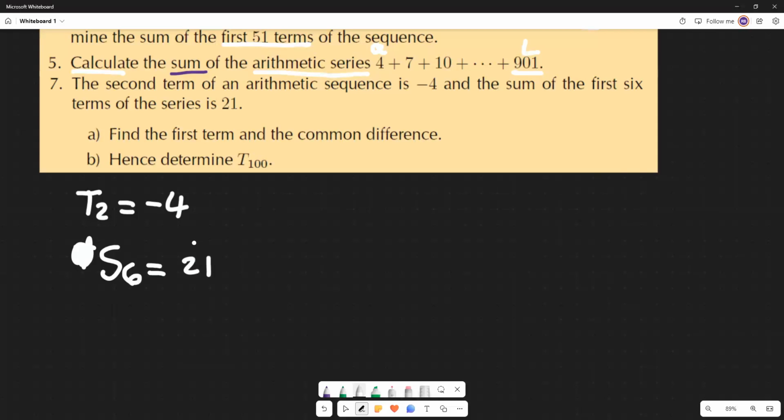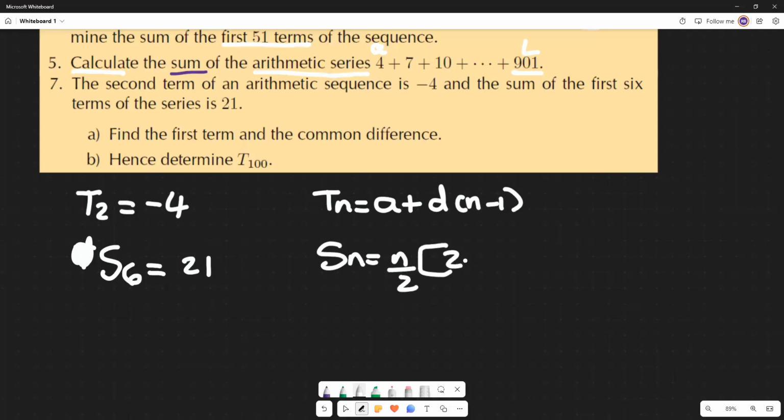Perfect. So now, in this case, I have 2 equations. One is the Tn. Here I can use this formula: Tn equals a plus d n minus 1. And then this one, I can use Sn equals n over 2, 2a plus d, n minus 1.